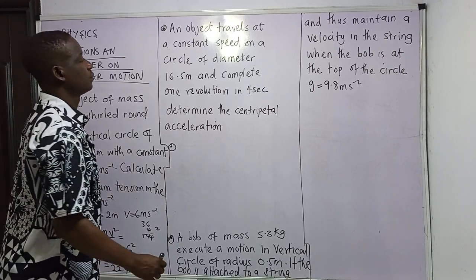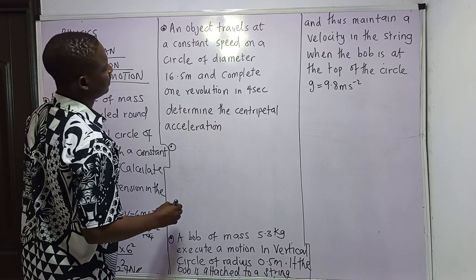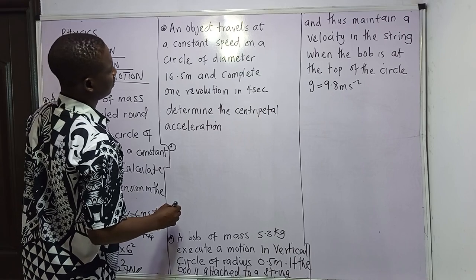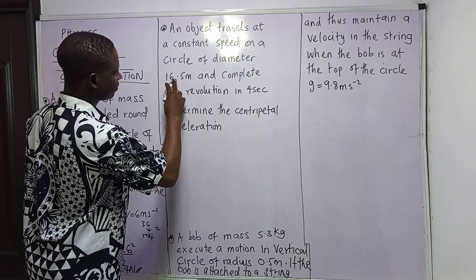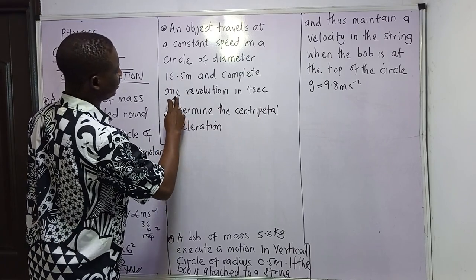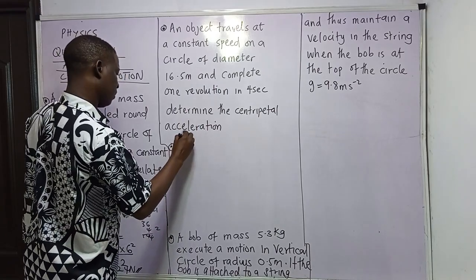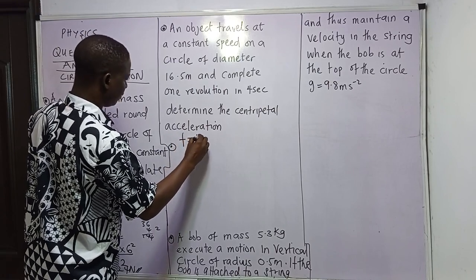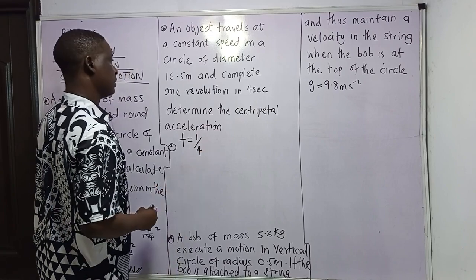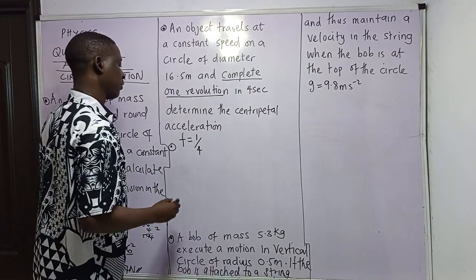Now number 2, it says an object travels at a constant speed on a circle of diameter 16.5 and completes one revolution in 4 seconds. Now the frequency is equal to 1/4, completing one revolution in 4 seconds.